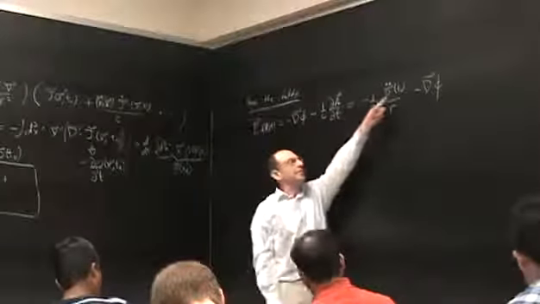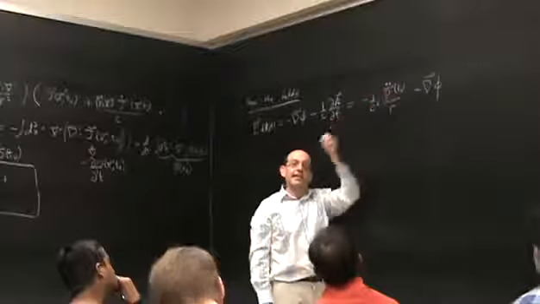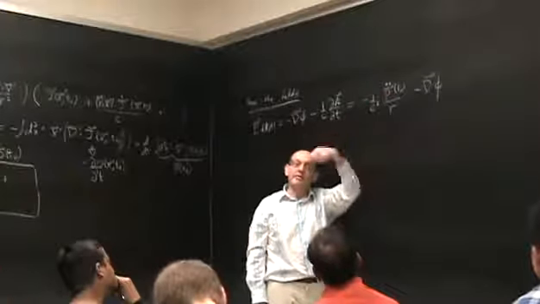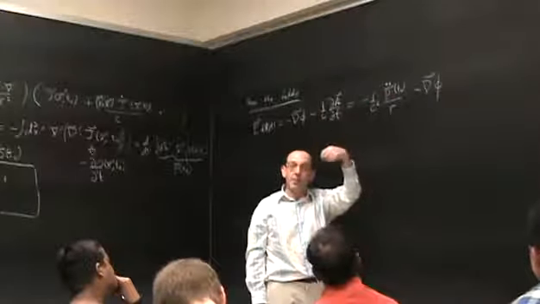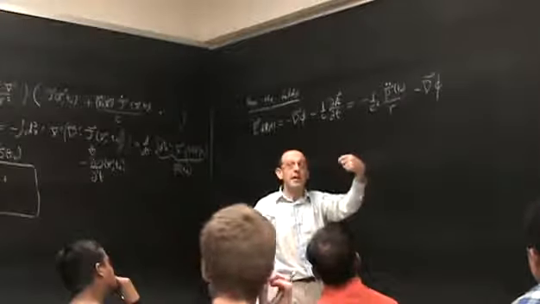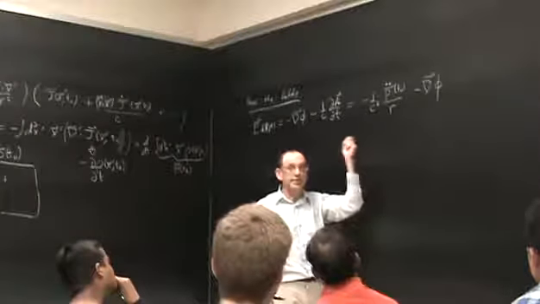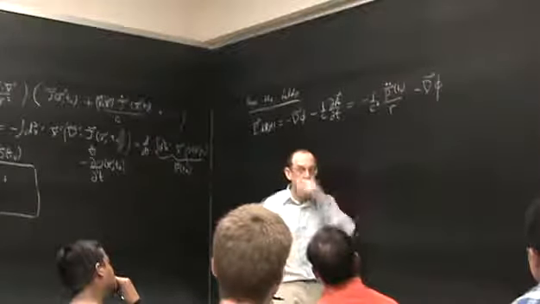As we'll see in a moment, this is the term that has to do with electromagnetic radiation, really. That second derivative in time of the dipole moment is related to the acceleration of the charges. And you remember that accelerating charges radiate. So it's the second time derivative that matters.